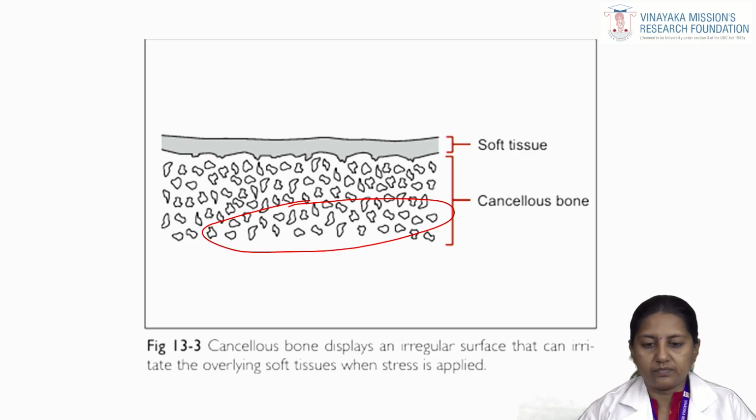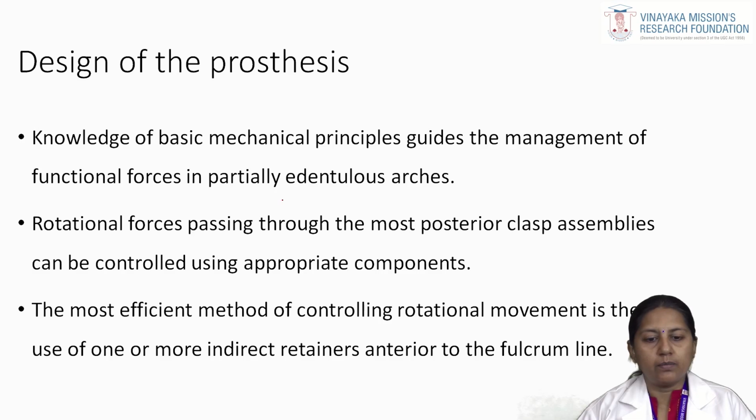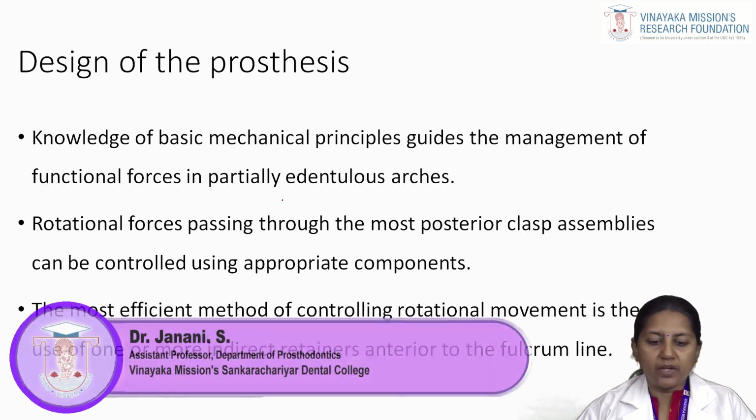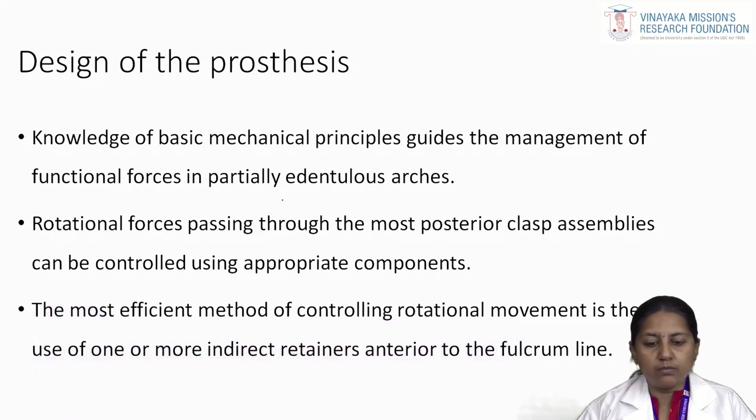underlying mucosa. Next factor is the design of the prosthesis. We should have a knowledge of the basic mechanical principles that guide the management of functional forces in partially edentulous arches. Rotational forces passing through the most posterior clasp assemblies can be controlled using appropriate components. So, what is the most efficient method of controlling the rotational movement?